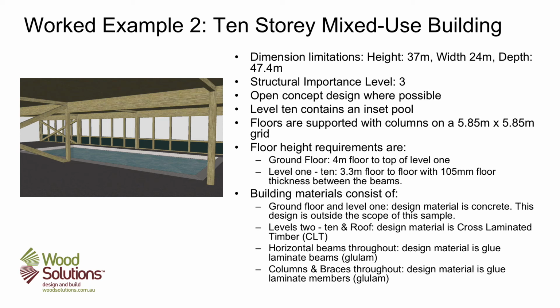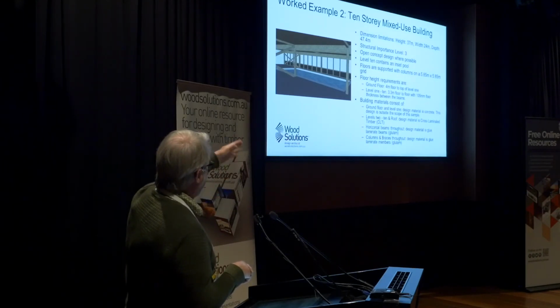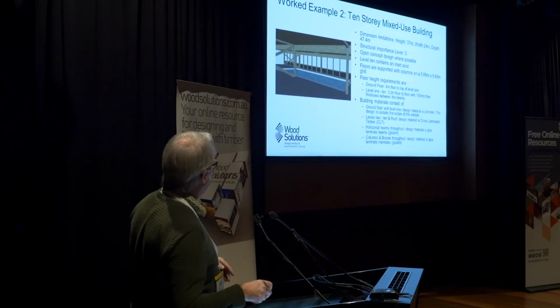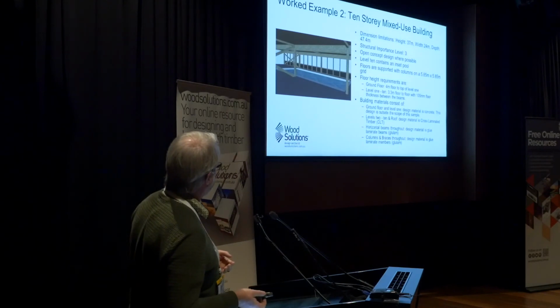Effectively, everything's at about a 5.8 metre grid spacing, where you've got beam systems and a secondary beam that's splitting the 5.8 into two minor spans to keep a thin CLT floor system. Ground floor is concrete, and then you've got the wood above. You've got effectively a glulam option with CLT systems, and this pool in the middle.